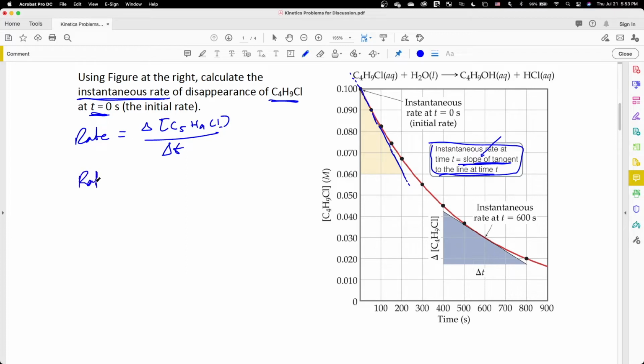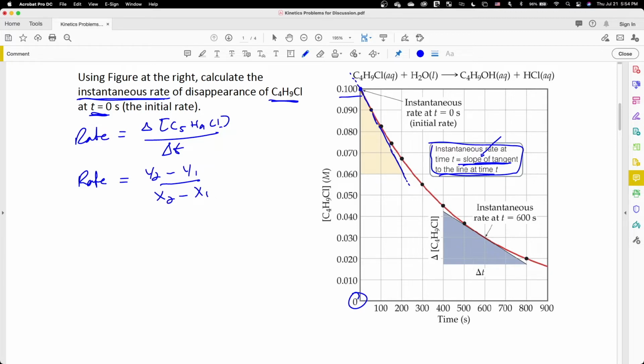So the rate then equals the slope, which the slope equation is y2 minus y1 over x2 minus x1, right? So look at your graph here, and here you are at time 0, okay? And at time 0, you have a concentration of 0.1. So that can be one set of your coordinates that you'll use in your slope equation, right?